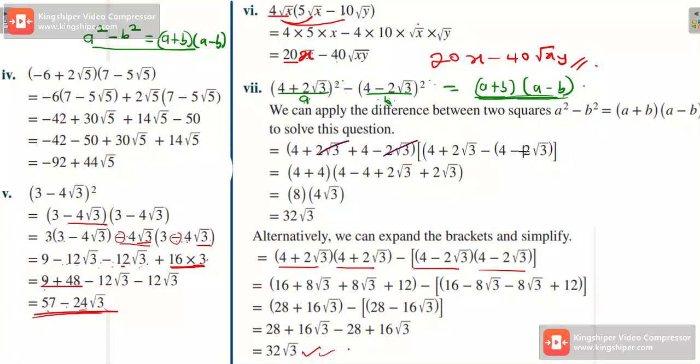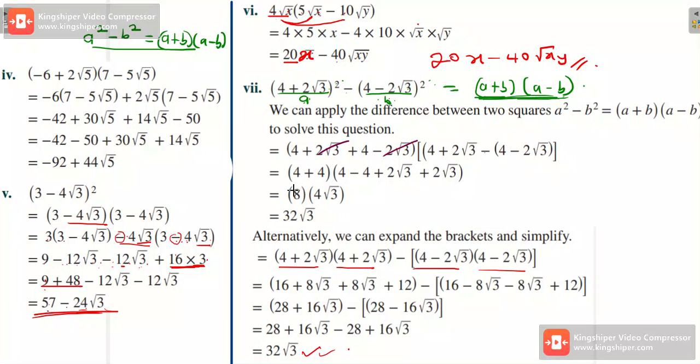Then when we come to the second bracket, we need to expand. So we have 4. This negative 4, negative will expand. So we have negative 4 here. So we have 4 minus 4. Then the negative is positive 2 root 3. So we will get 2 root 3 plus 2 root 3 in that order.